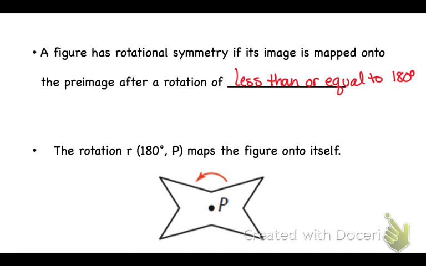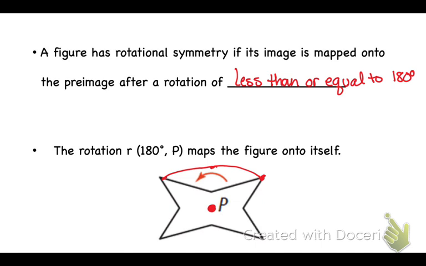So the shape we had before is here again. The point of rotation is in the center, and I need to rotate this until it gets back to the same exact shape. Could I do it after 90? No. Could I do it after 180?